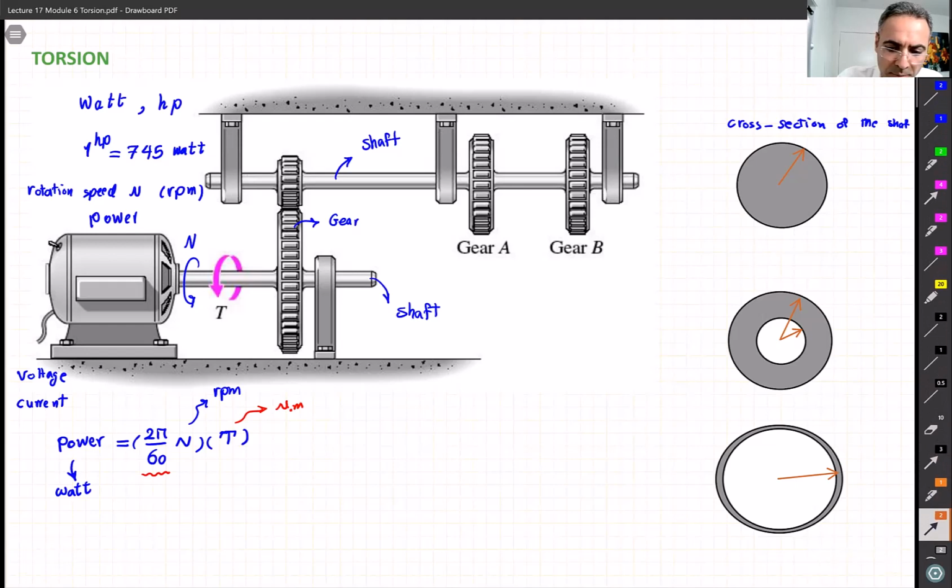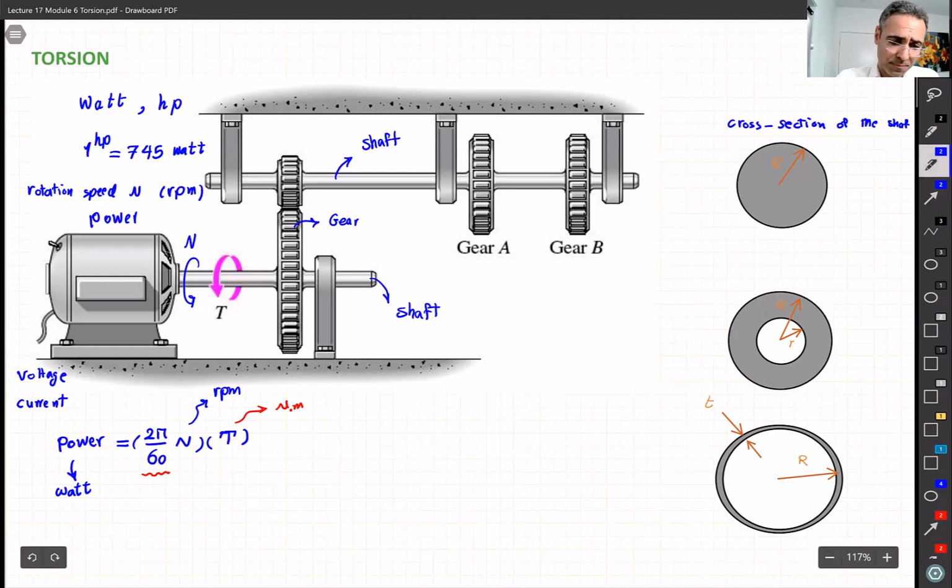And also we need another piece of information, which is the thickness of the wall, right? So this is the thickness, this is the radius, and over here at the top we have the outer radius with capital R and the inner radius with small r, all right?